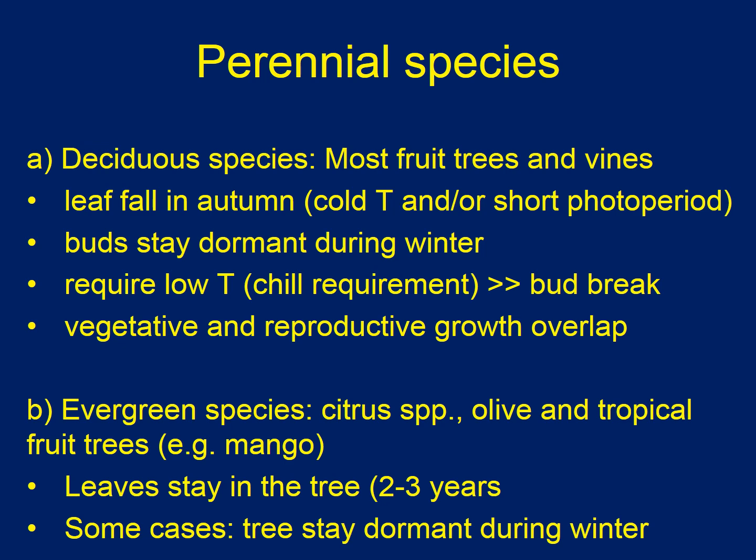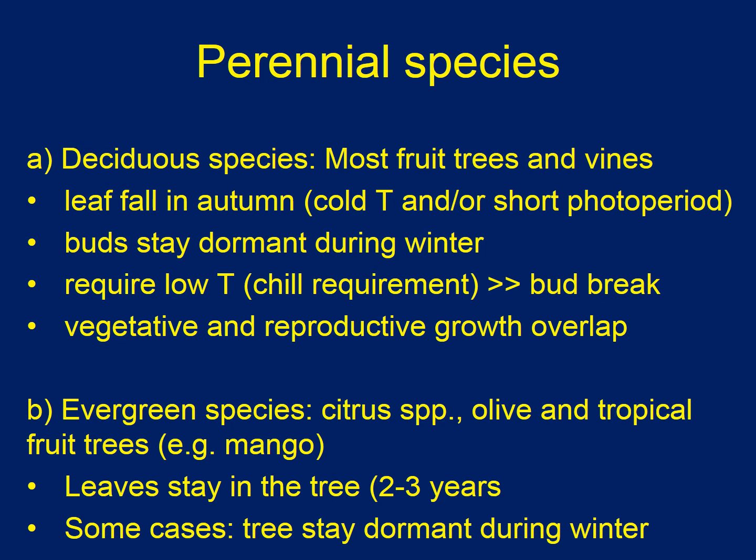After the leaves are lost, the buds stay dormant during winter, so they are not sensitive to environmental signals for bud break. After some time with cold temperatures, called chill requirement, bud break will occur in the spring. After that, vegetative and reproductive growth will overlap.